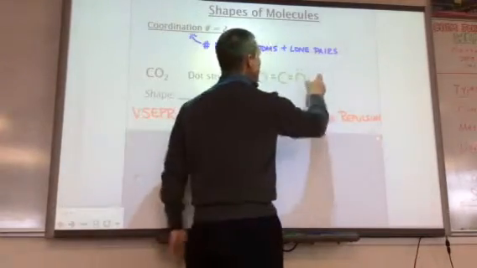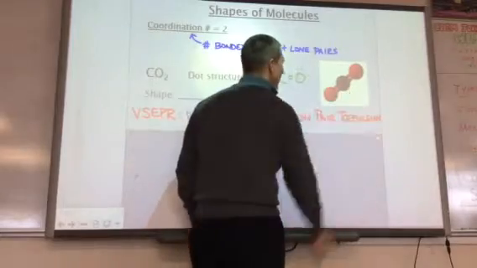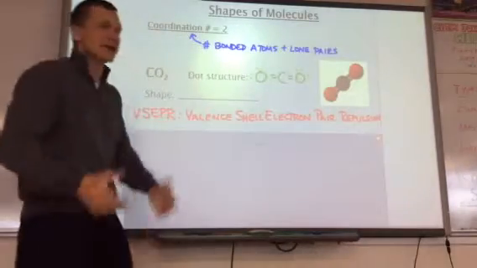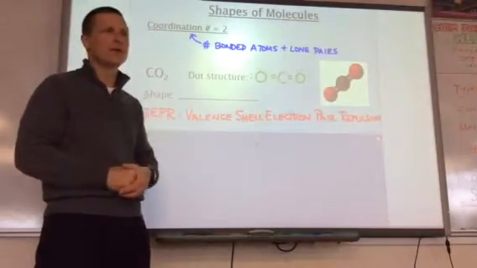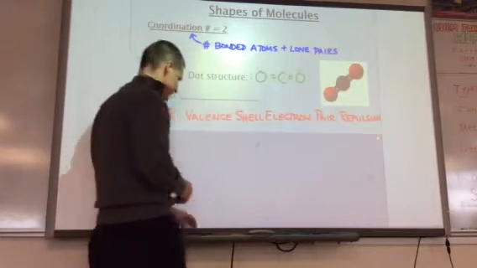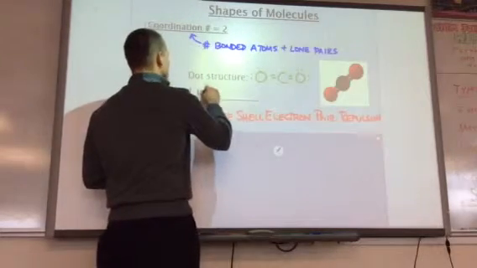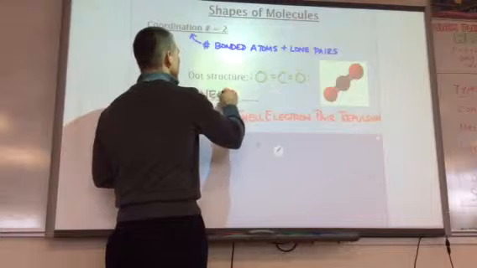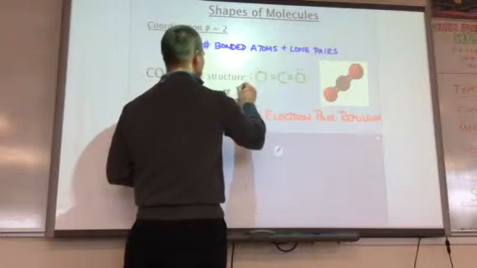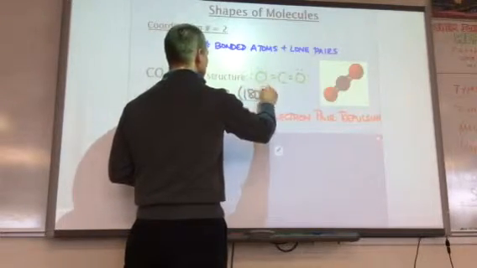So now for each of these I have a computer model. There's my carbon dioxide. And you can see this shows its shape. It's a linear shape. And the angle there between the carbon and the two oxygens is 180 degrees.